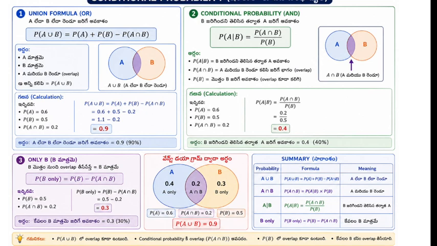In such a case we use conditional probability. For example, when a person already has fever, the probability of dengue fever becomes more. Here we also use the overlap region, but we perform division on this overlapping region by the already happened condition, that is the probability of B.